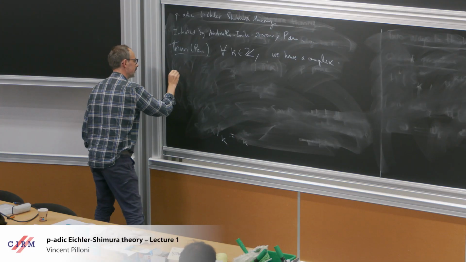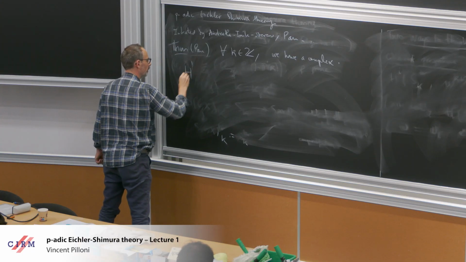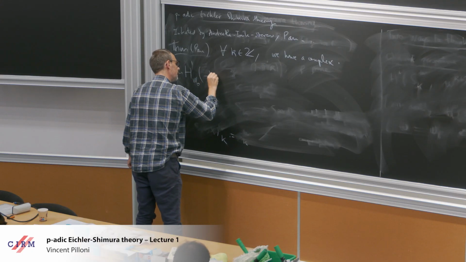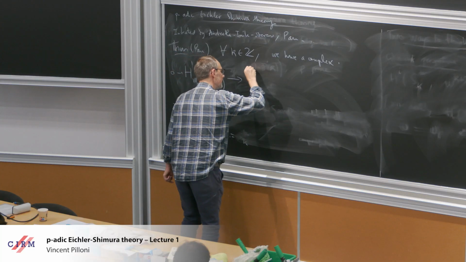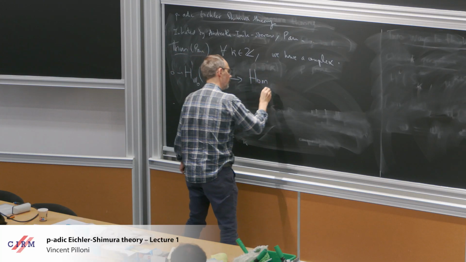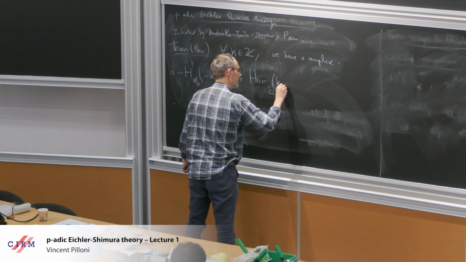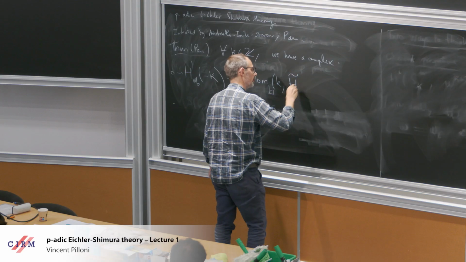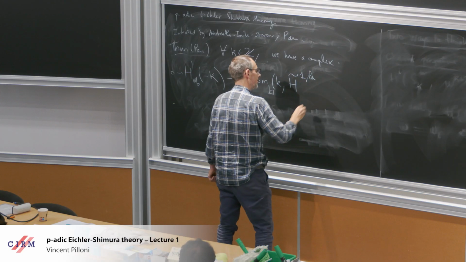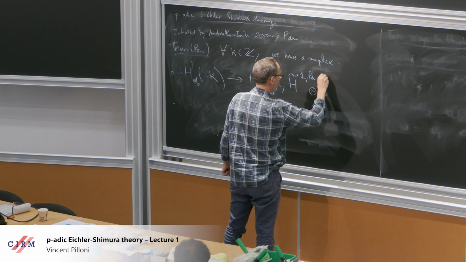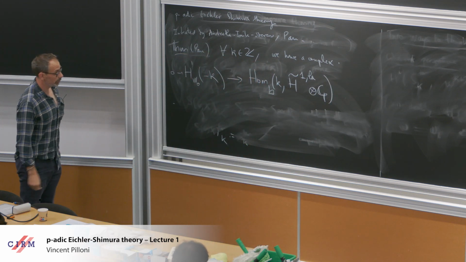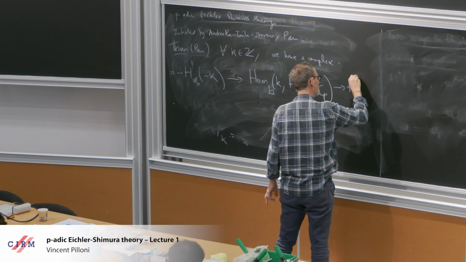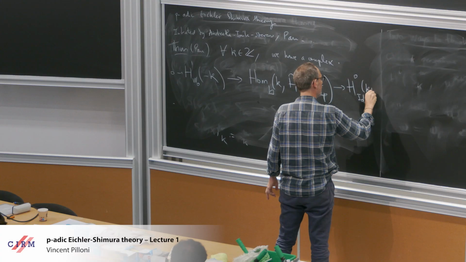So the complex is like this: you have 0, H^1, W, 0, minus k, now you go into some space which is a bit complicated, but I will say in a second what this is. So I take the b-cohomology of the weight k acting on the locally analytic vectors of the degree 1 completed cohomology. Okay? And then this goes to H^0, ω^(k+2).